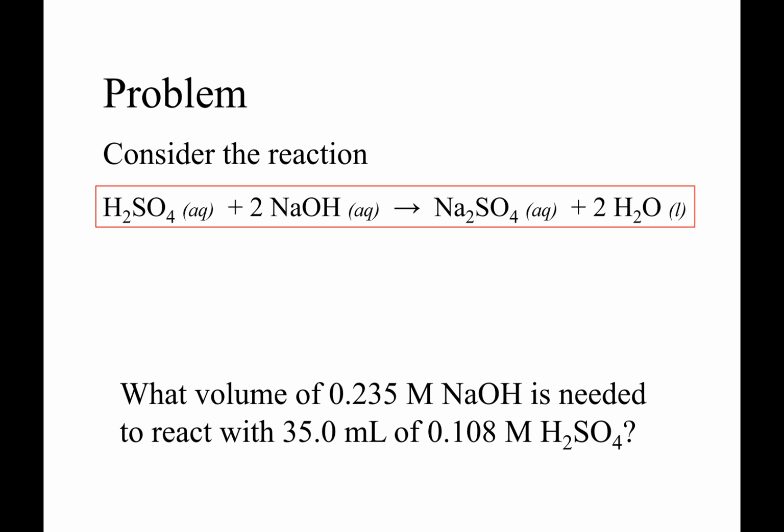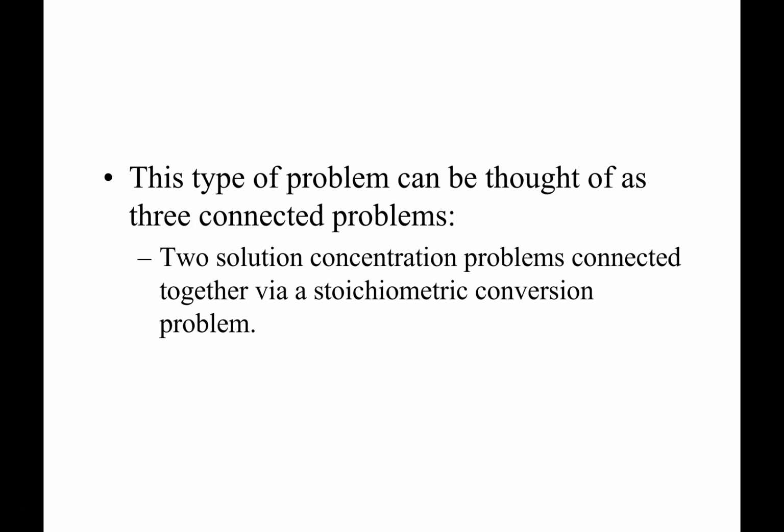Here in a minute, when we work the problem, we're going to see that we can use the molarity and the volume of this to get to moles of H2SO4. Then we can go from moles of H2SO4, skip over to moles of NaOH using the stoichiometric ratio that we've done before with our other calculations. So stoich ratio.